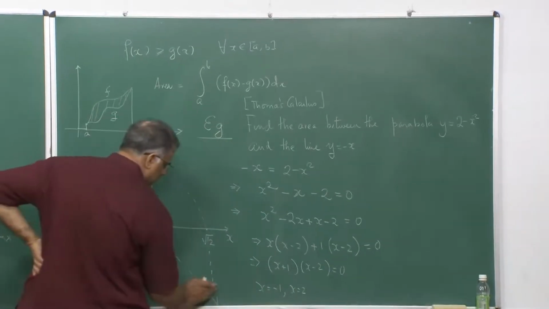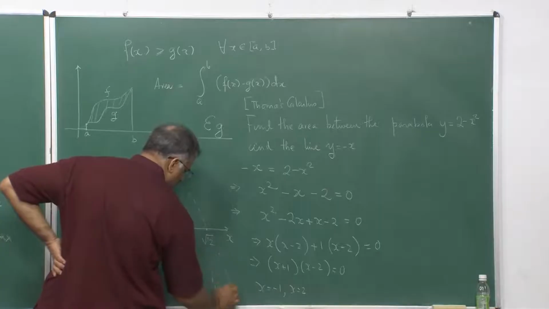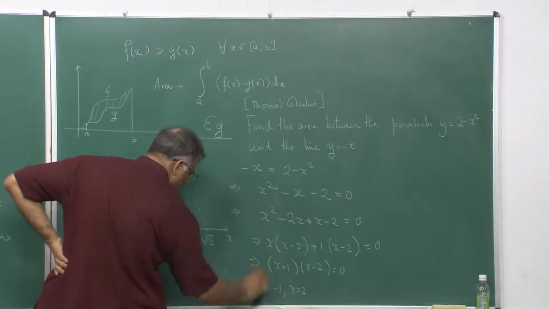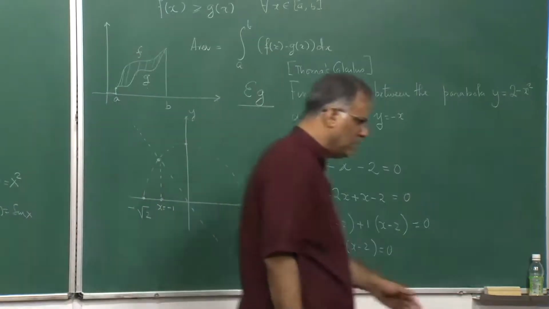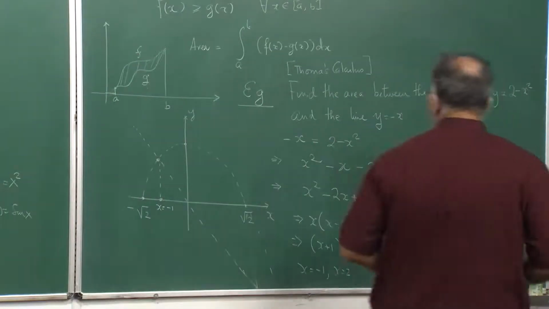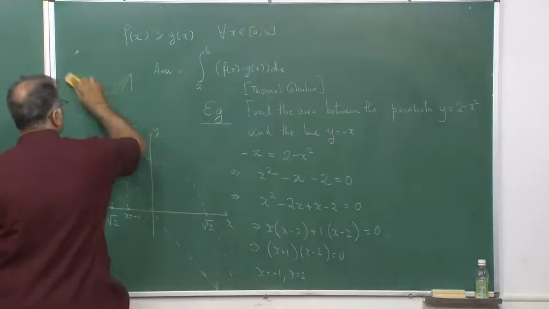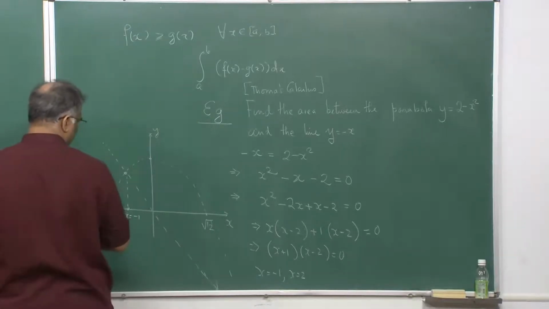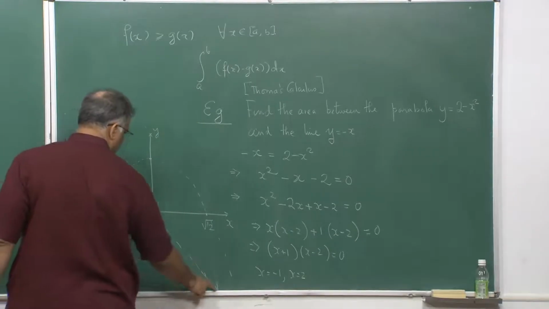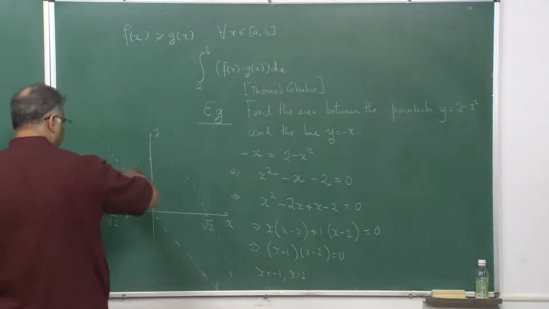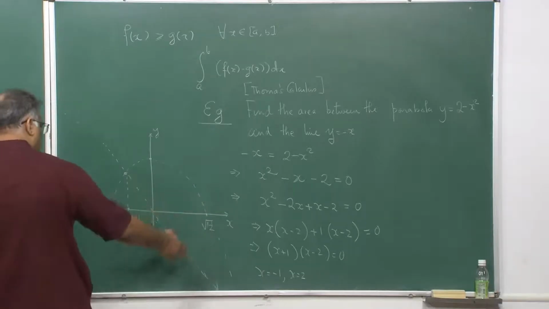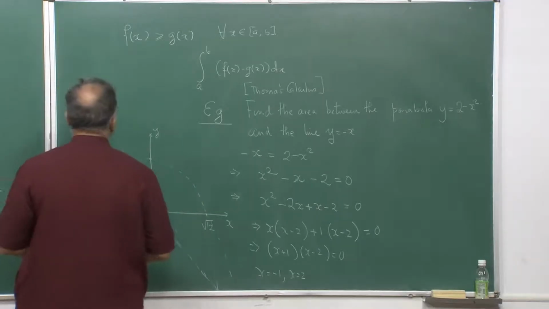So, here it intersects, obviously not here, it just goes down like this and intersects somewhere there, and somewhere here possibly. So, if I want to draw the graph more clearly, instead of drawing it so big, I would rather now draw this graph. So, between x equal to minus 1 and x equal to 2, the function value of the parabola is always above the function value of y equal to minus x.